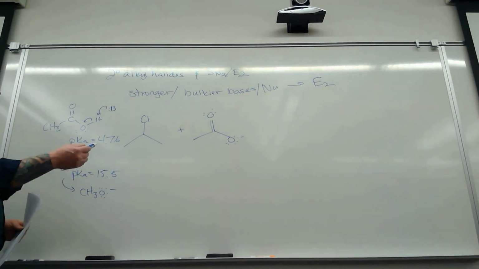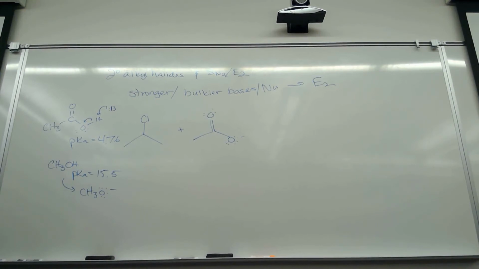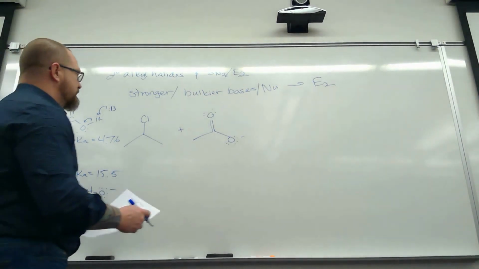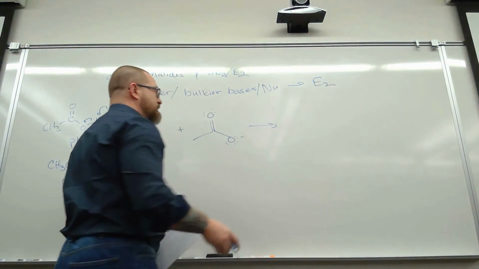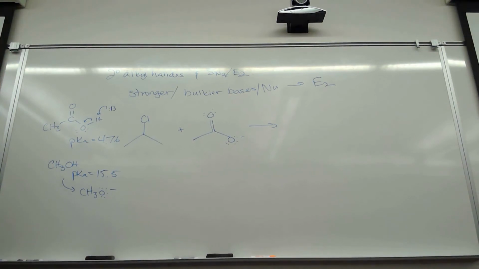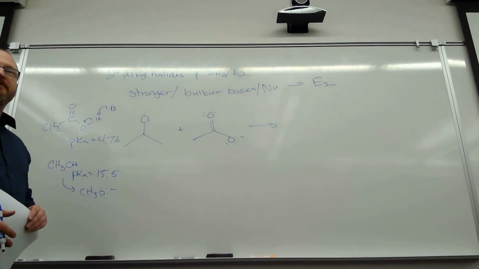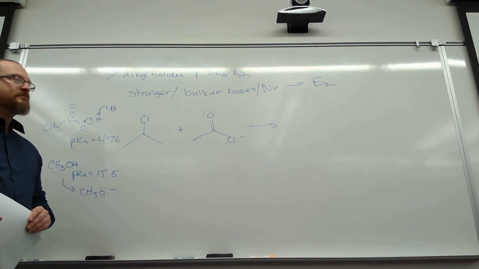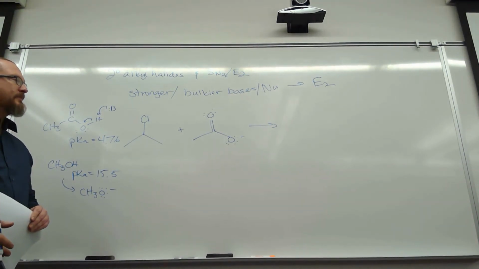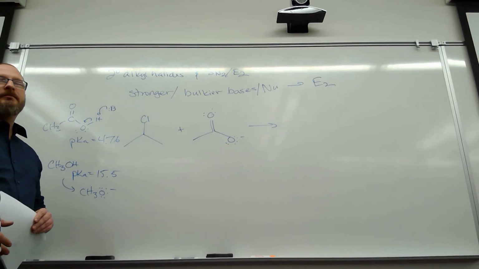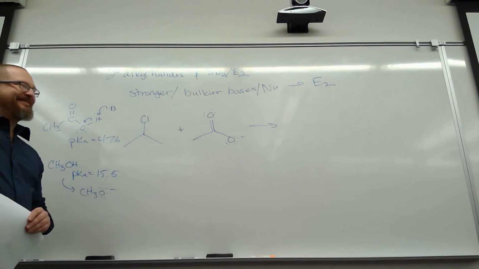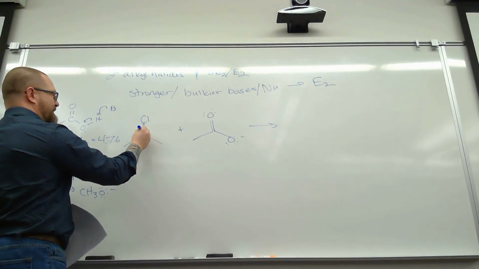So what would the product of this look like if you were to do an SN2 reaction with it? Is the oxygen with a negative charge going to be attached to the carbon with the chlorine?